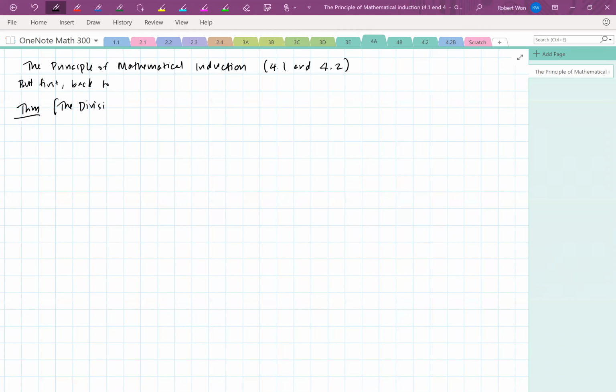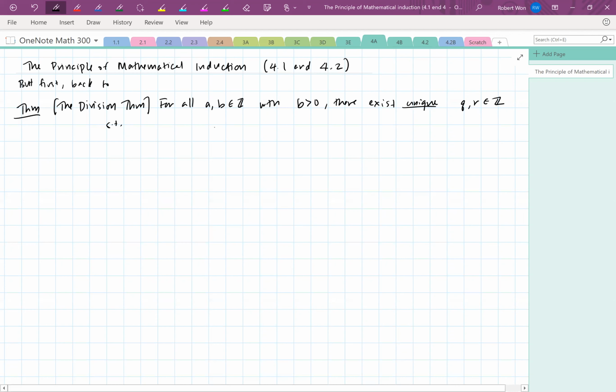So let me just restate the division theorem for you. You can, of course, just look at it in your notes, but it's worth restating. So for all integers a, b, with b positive, because I'm going to divide by b in a second, there exist unique integers q and r such that a is equal to bq plus r.